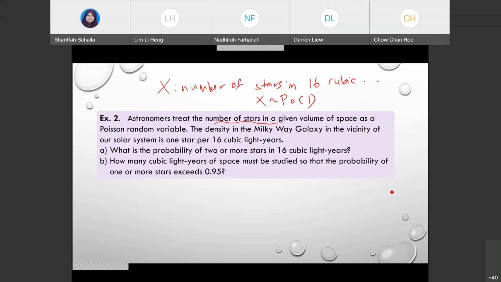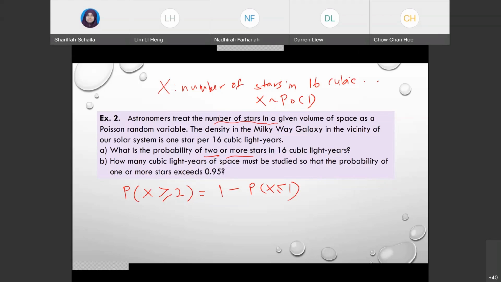Okay. So the question asks you what is the probability of 2 or more stars in 16 cubic light years. So then nak cari probability x greater than or equals to 2, okay, 2 or more. So this one is 1 minus probability x less than or equals to 1, because you want 2, 3 up to infinite.